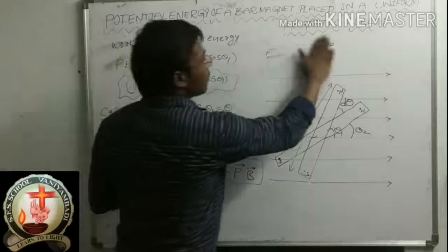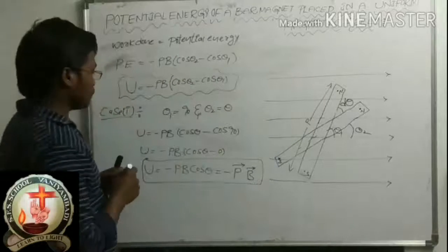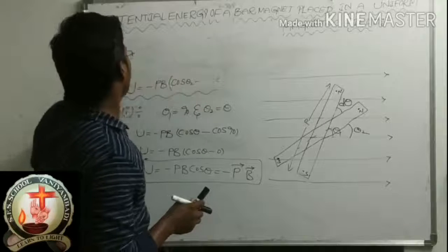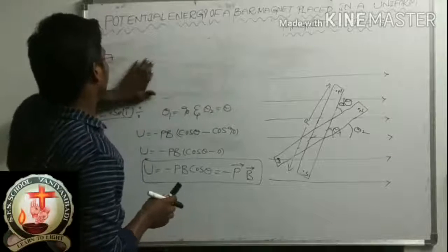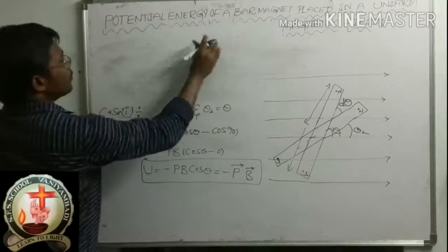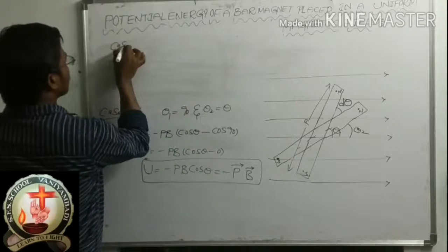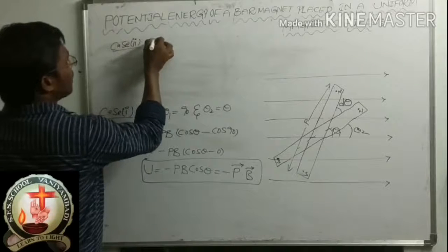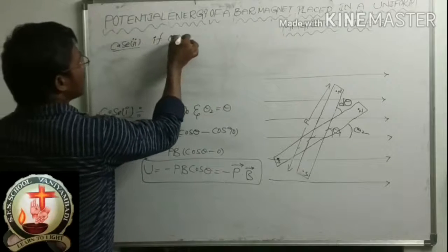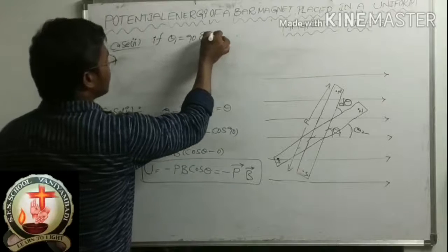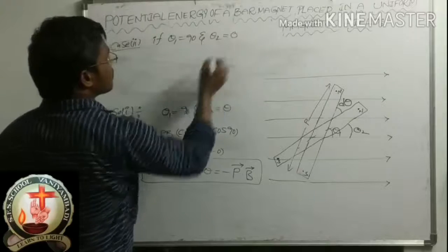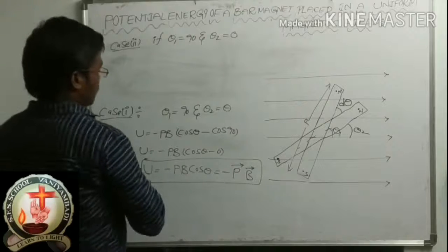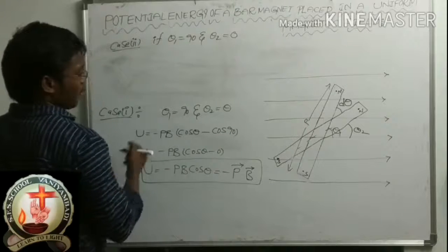Now, case 2. If theta 1 is equal to 90 and theta 2 is equal to 0, just substitute. What is the expression?